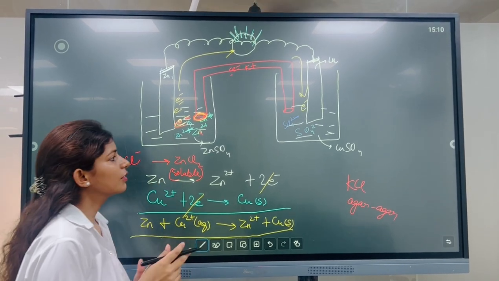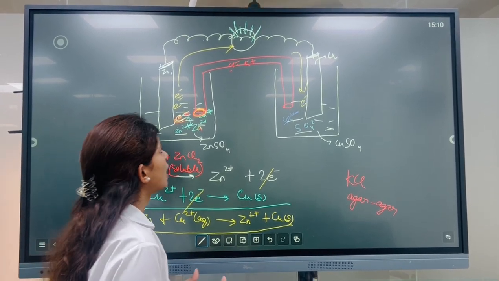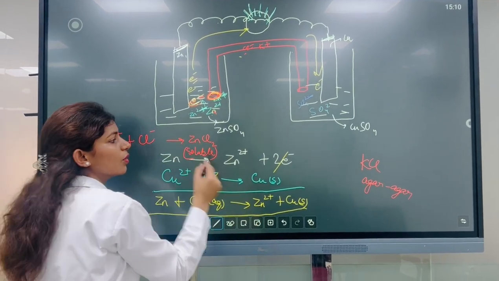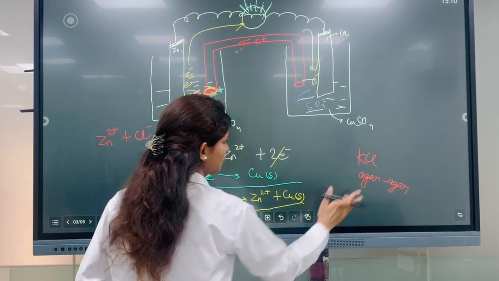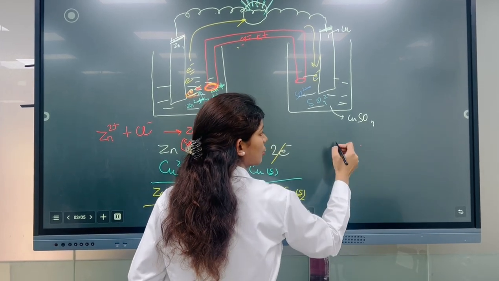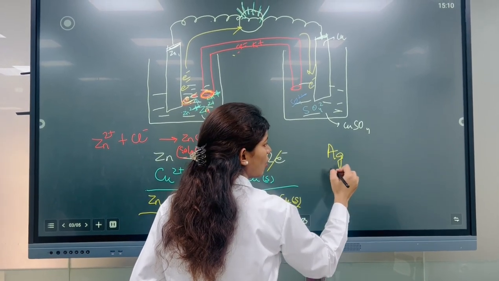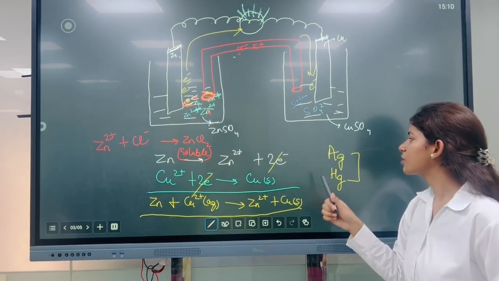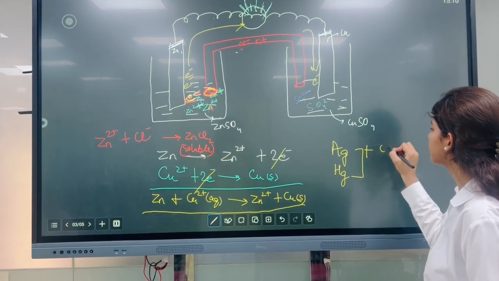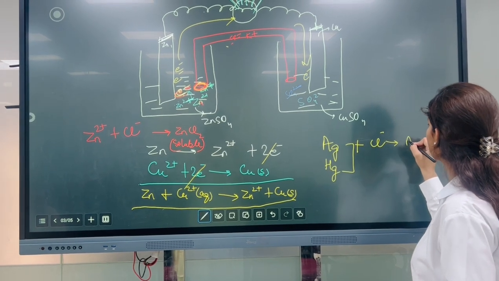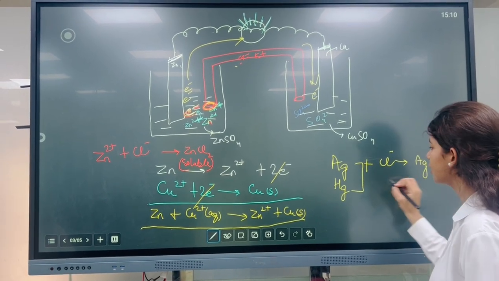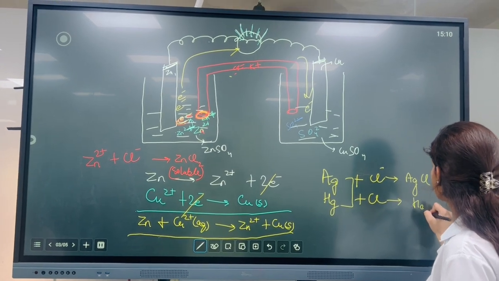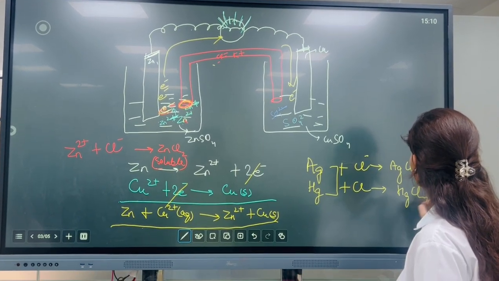One thing we will have to remember is that while taking this solution, when you have a rod of Ag or Hg, we cannot use the salt bridge, because when Ag binds with these Cl- ions, it will form AgCl, and Hg forms HgCl2.